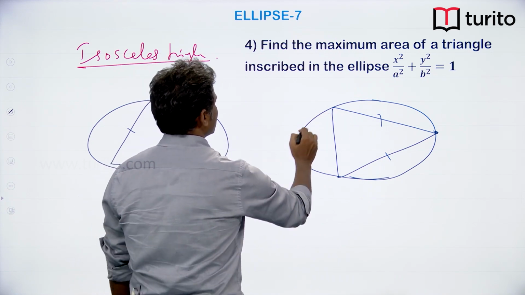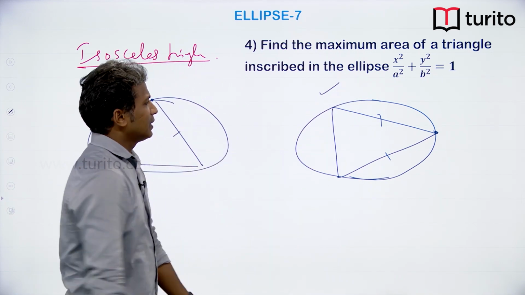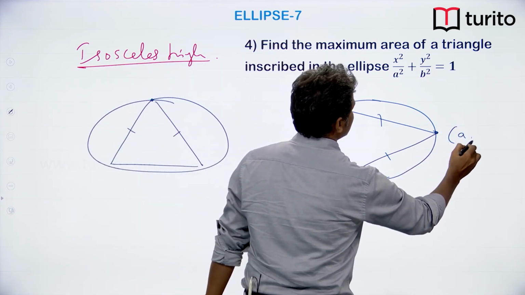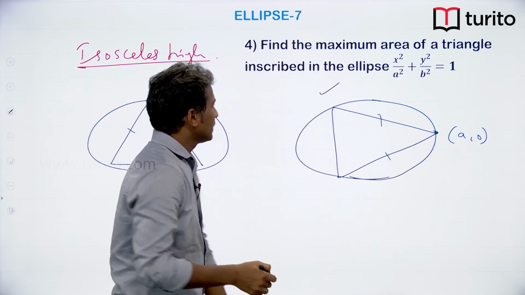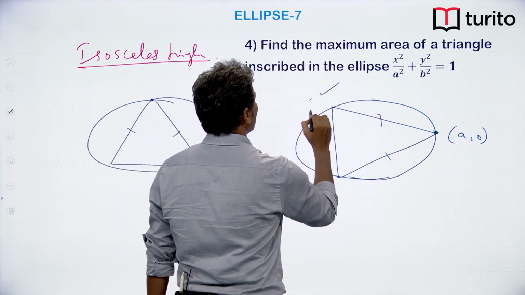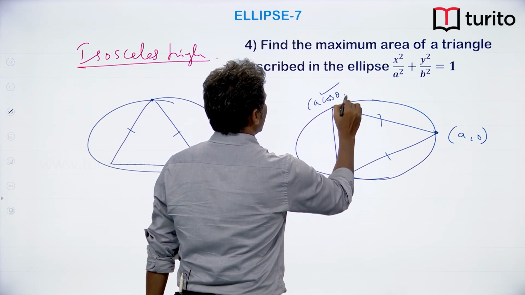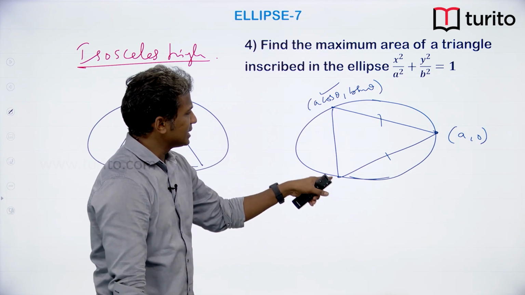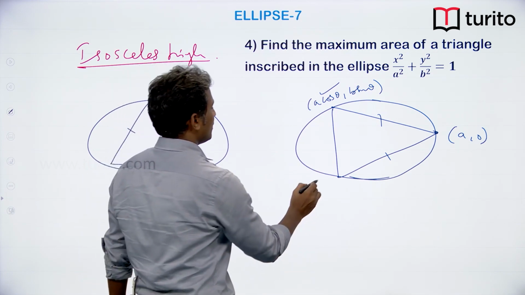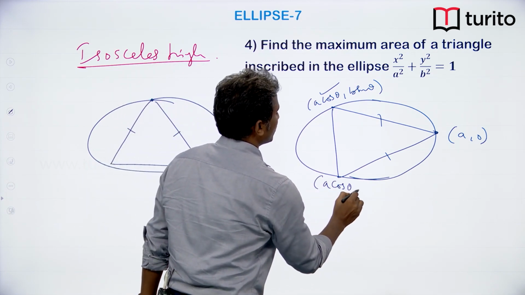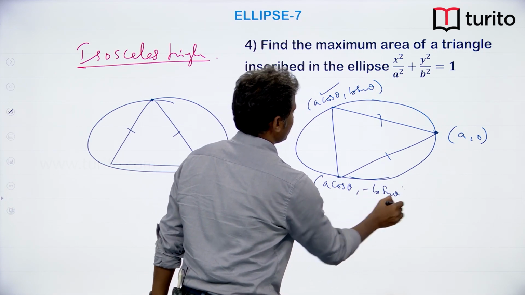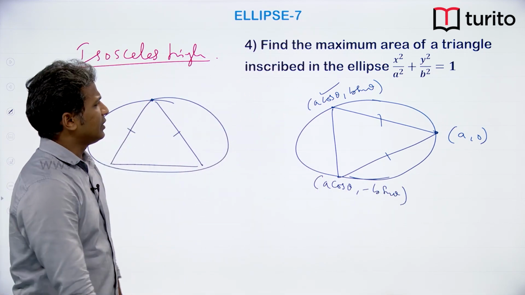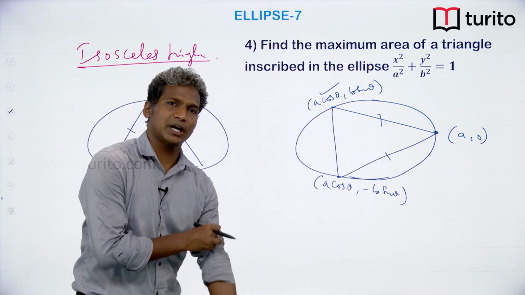So, let us say I am solving this case, and because I have taken this as one vertex, the other vertices can be taken like this: a cos theta, b sin theta, this is one. Because this is reflection about the x axis, we can just reverse the y coordinate and write it. Now, we can find the area using half base into height.